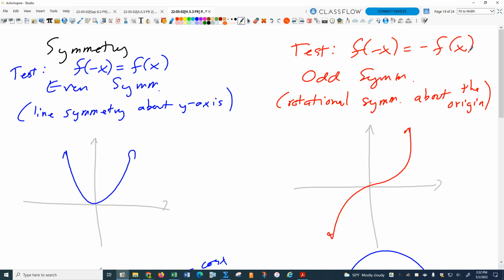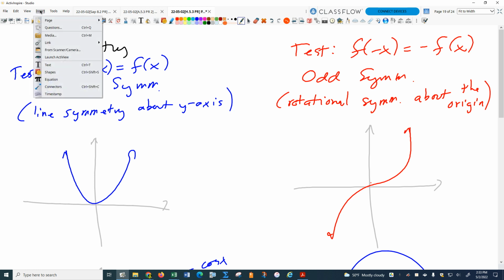So let's try a couple functions here and see if we can see a pattern coming out of this. Okay, so let's see. I'm going to remind you about the tests. So even: f of negative x equals f of x.